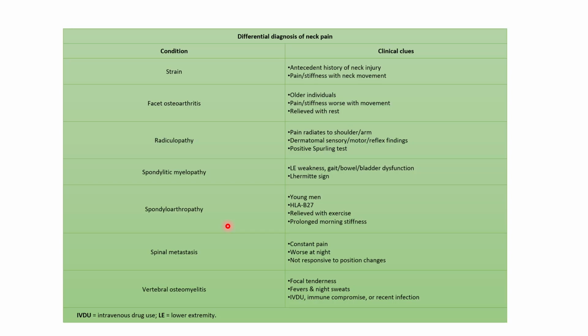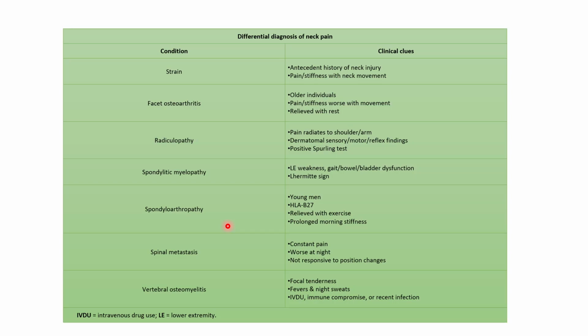So I am trying to make it simple. First of all, think about S, strain: injury, and pain and stiffness over neck movement. In spondylotic myelopathy, there may be lower extremity weakness, Lhermitte sign, and bowel bladder dysfunction.